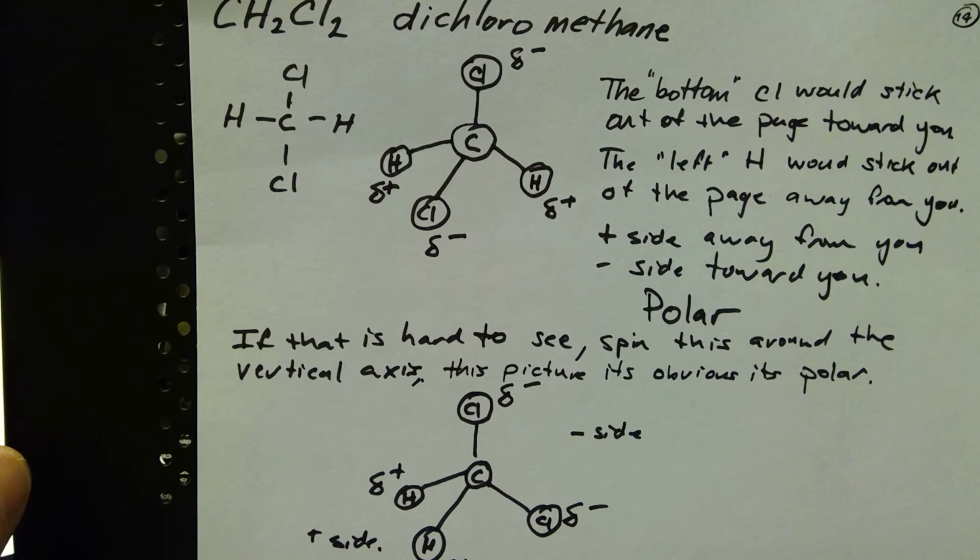Now, this might be hard to see because this is imagining a 3-dimensional shape drawn in 2 dimensions. All the chlorines being partial negative and the hydrogens partial positive are simple enough to do.